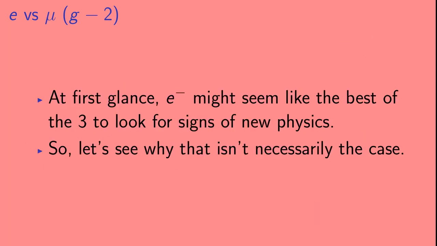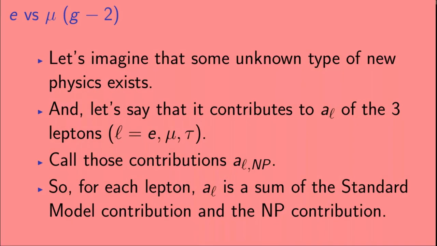Okay, so at first glance, the electron might seem like the best of the three to look for signs of new physics. But now let's see why that isn't necessarily the case. Okay, so let's imagine that some unknown type of new physics exists. And let's say that it contributes to A for each of the three leptons.